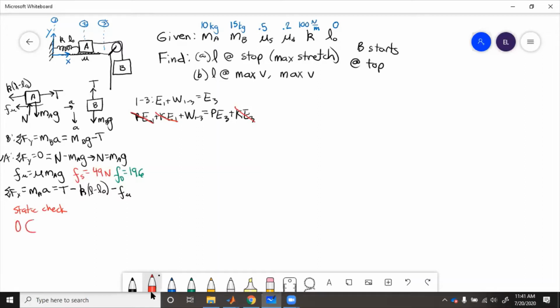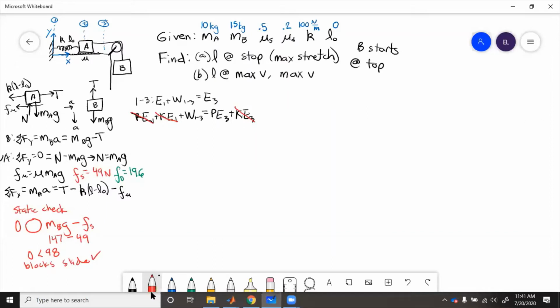So compared to 0, we need to make sure that MBG is greater than static friction. So putting numbers in here, 15 times 9.81 is 147 minus 49, 98 is greater than 0. So the blocks slide.